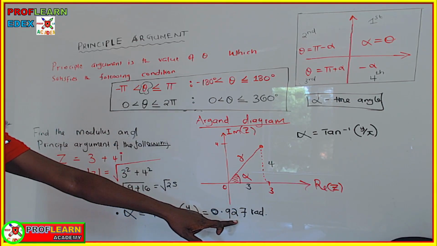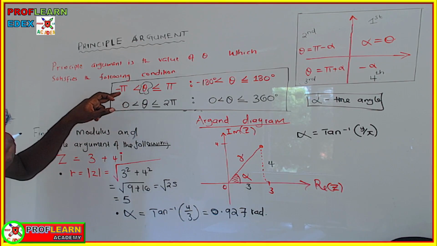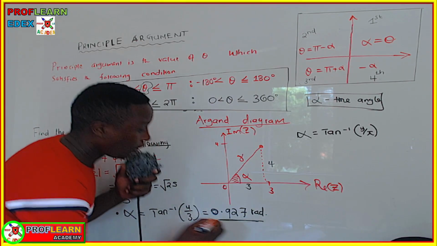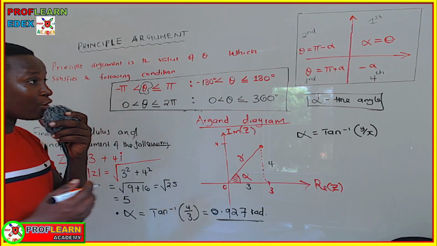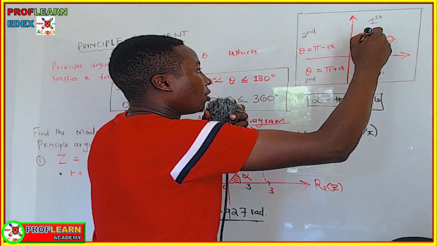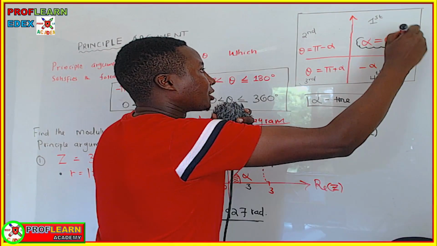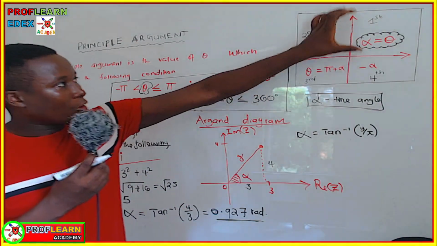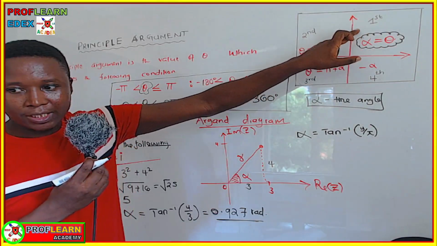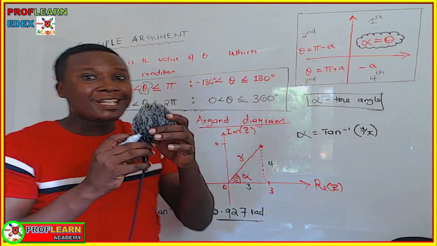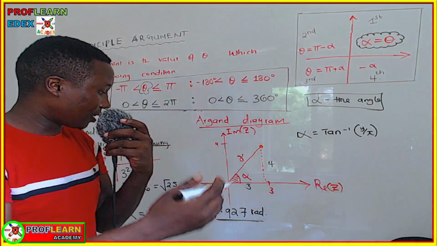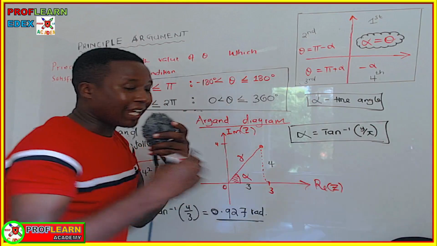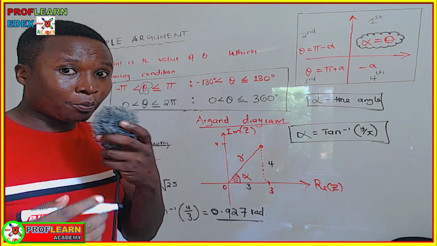This value is between 0 and 2 pi, or between negative pi and pi, so it qualifies to be the principal argument. So long as the complex number is within the first quadrant, the alpha angle you calculate automatically becomes the principal argument.